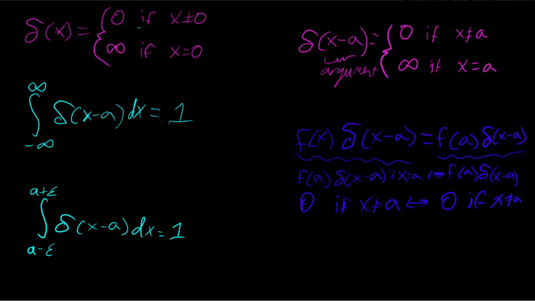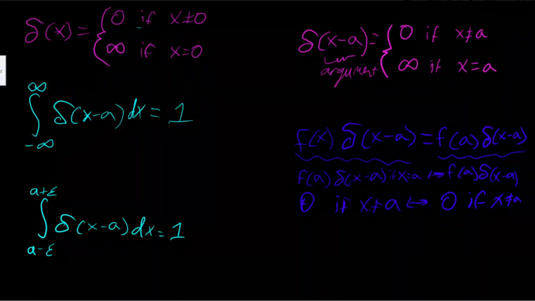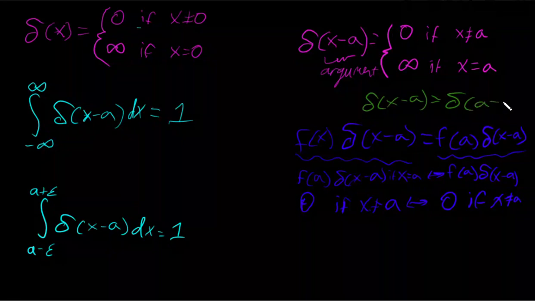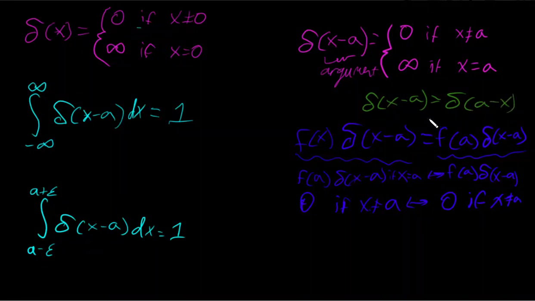Actually, I'm sorry, I forgot one more property of the delta function before we move on to the quantum mechanics of this. I just want to note delta of x minus a is equal to delta of a minus x. So delta of x minus a is even.